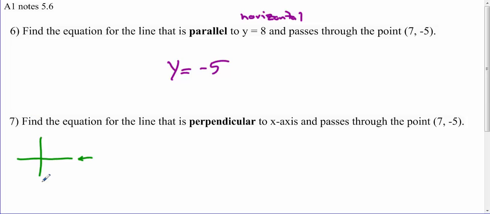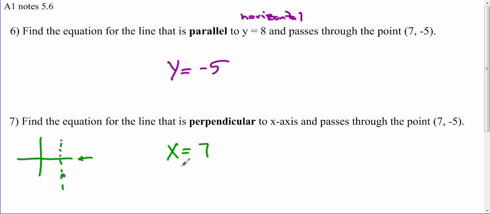Well, that's the y-axis, or any other vertical line. We know that vertical lines are always in the form of x equals some number, and in this case that number has to be, you could even sketch it over here if you wanted to see it, 7. X equals 7.